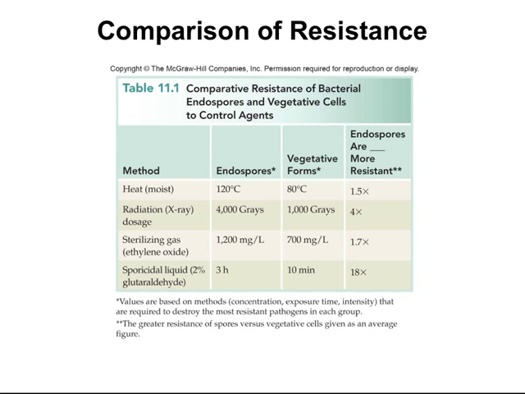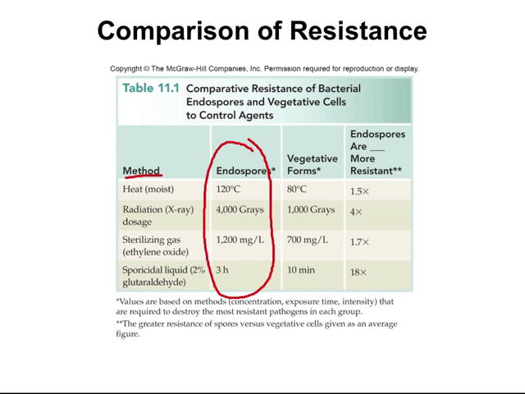So here we have the dosages of each of these different methods that will kill endospores. So we need 120 degrees Celsius of moist heat, 4,000 gamma rays, 1,200 milligrams per liter for sterilizing gas like ethylene oxide, or 3 hours in a sporicidal liquid.